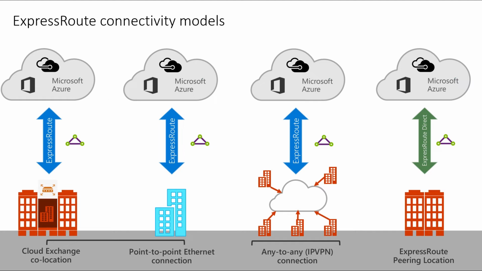Check with your providers. On any-to-any IPVPN network, Microsoft Cloud can be interconnected to your WAN to make it look like any other branch office, right? In this option, your WAN providers typically offer managed layer 3 connectivity. If you look at the first three options, the capabilities and features are identical across all three connectivity models.